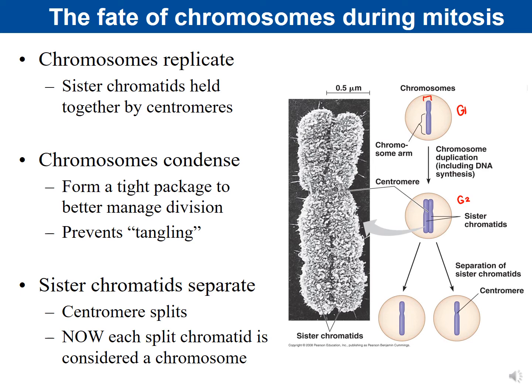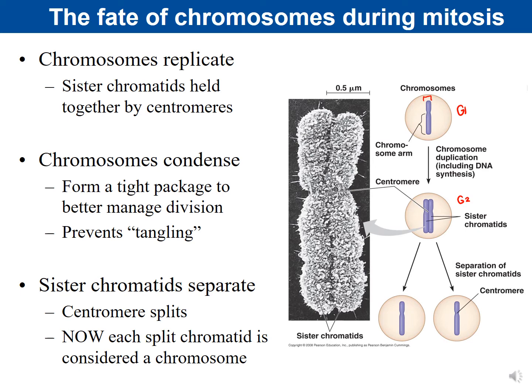When the DNA is packed in tightly, like you're seeing in this other picture, that type of DNA structure does not allow gene expression to occur. And so in interphase, the chromosomes are very loosely compacted. They're not packed in real tightly because the DNA is unwound and it's being transcribed and translated, which you will learn about later.